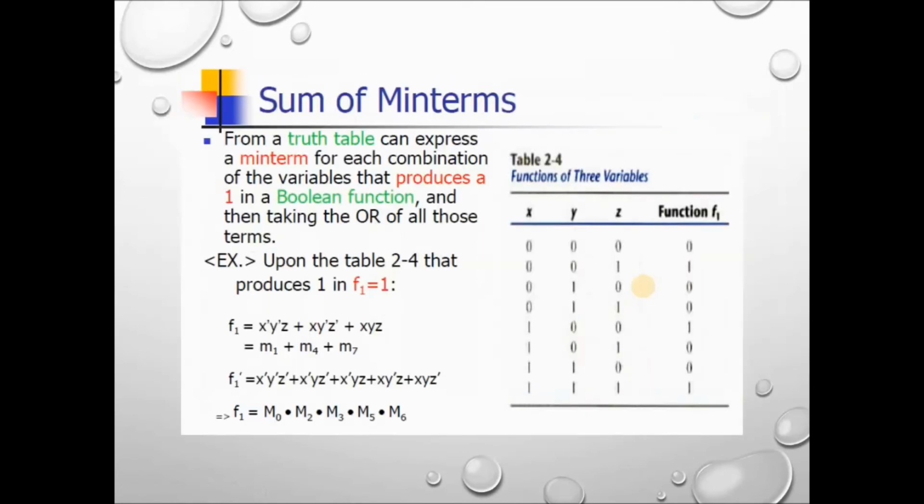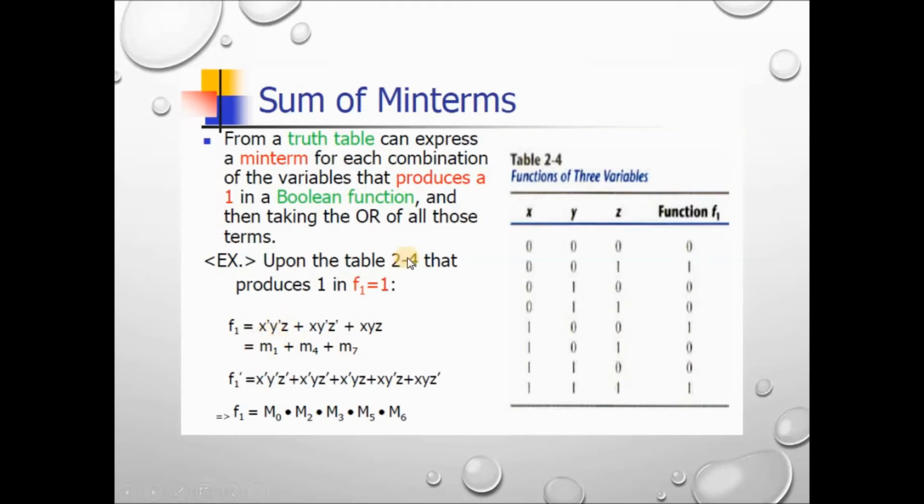Now, sum of min terms, or sum of products, you can say. Wait, the cursor is not coming. From the truth table we can express this. Here, x bar, y bar, z means what? M1.